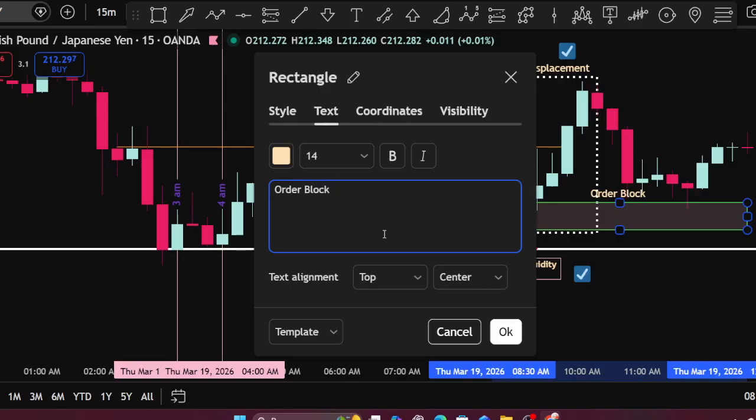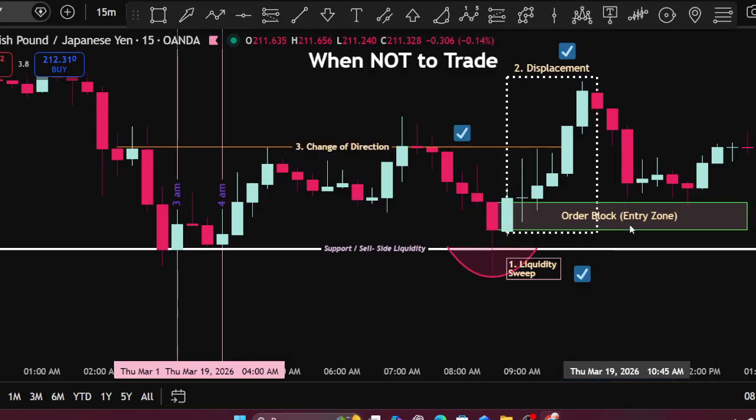Another vocabulary word that you do need to learn because institutional people use that. But in simple terms, this is your entry zone. And did it enter? It did. So as you can see, this strategy does work. But it just didn't work when? In my time frame.